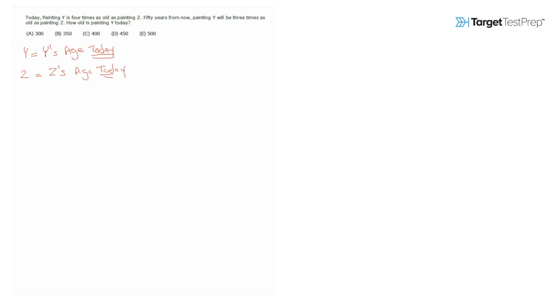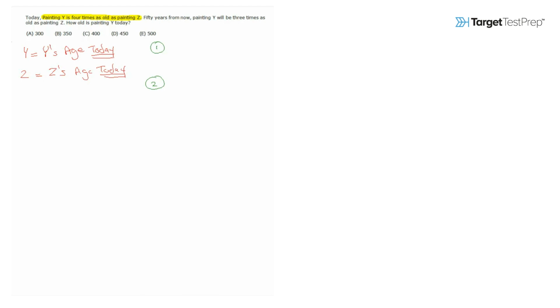And then what we're going to do is start our equations. And we need to take these word for word, line for line. The first, and I would say one of the easier equations, is painting Y is 4 times as old as painting Z. Now, one of the things I always teach my students is to always make sure your equations are very well balanced.